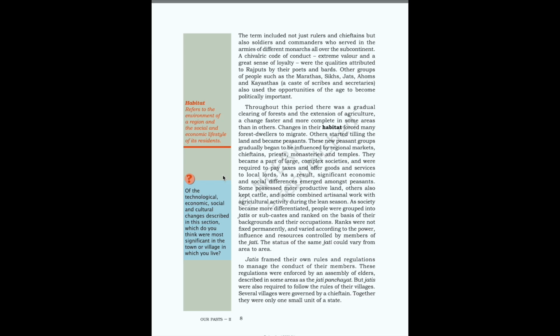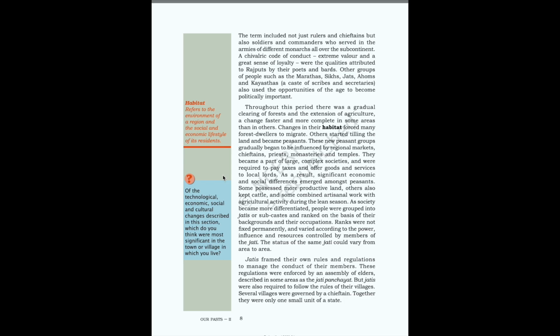A chivalric code of conduct, extreme valor, and a great sense of loyalty were the qualities attributed to Rajputs by their poets and bards. Other groups of people, such as the Marathas, Sikhs, Jats, Ahoms, and Kayasthas, a caste of scribes and secretaries, also used the opportunities of the age to become politically important.